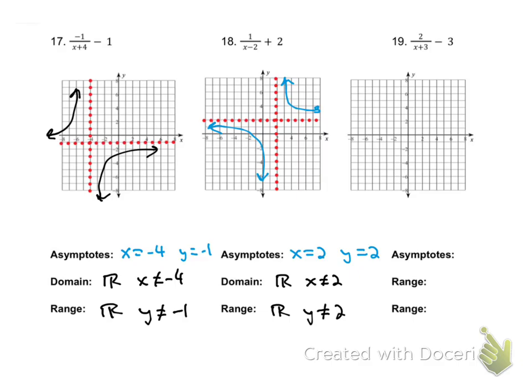Number 19, our asymptotes are at x equals negative 3 and y equals negative 3. All right, get our graphs.